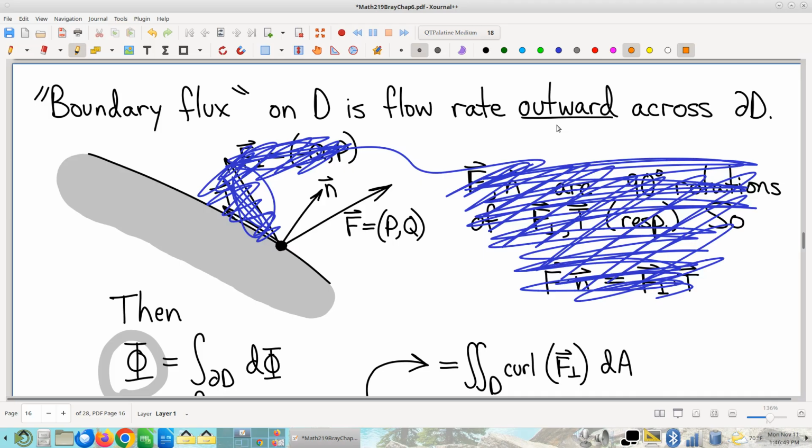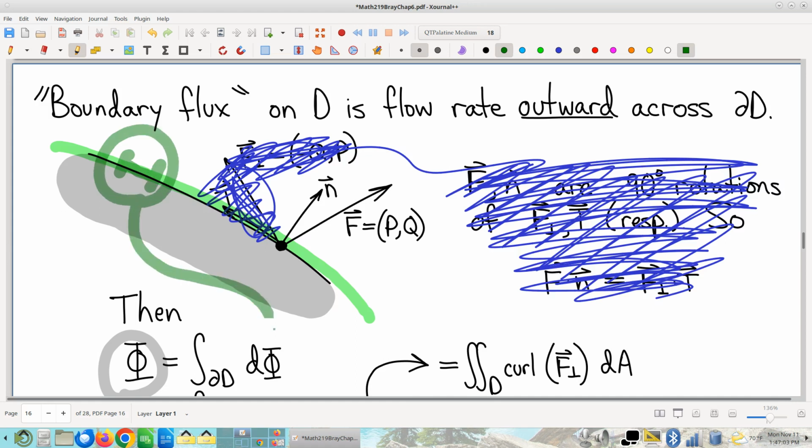And there's a great way to resolve this. When we're looking at the entire curve, we can, of course, break it up into little pieces. And on each individual little piece, we can talk about how much flux there is on that little piece. We can then add up over all of the pieces of the boundary.